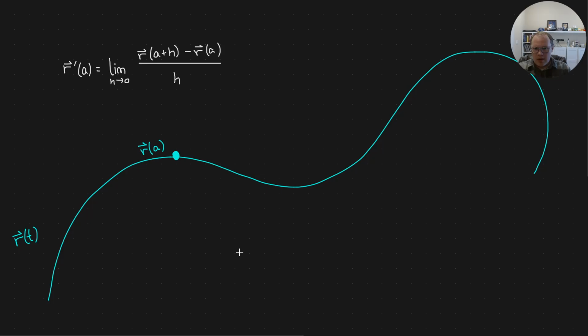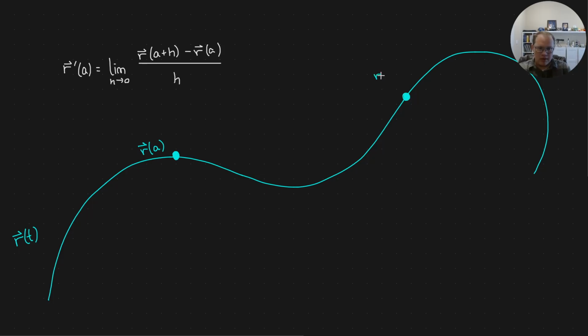Now what we want is this vector subtraction. Let's focus on just the numerator for now. This gives me that point there, and then I add some h to it and look further down the curve, maybe over here.